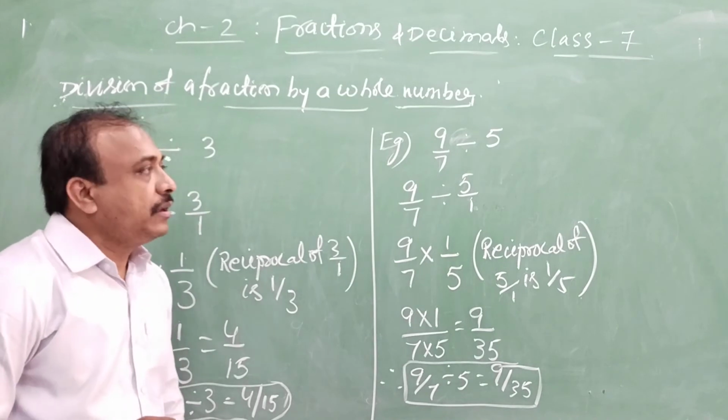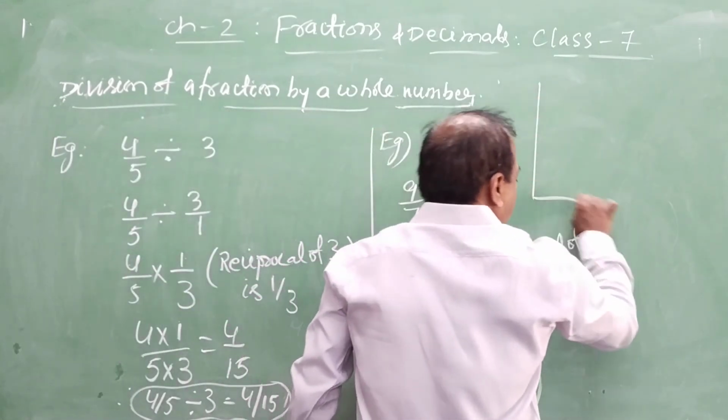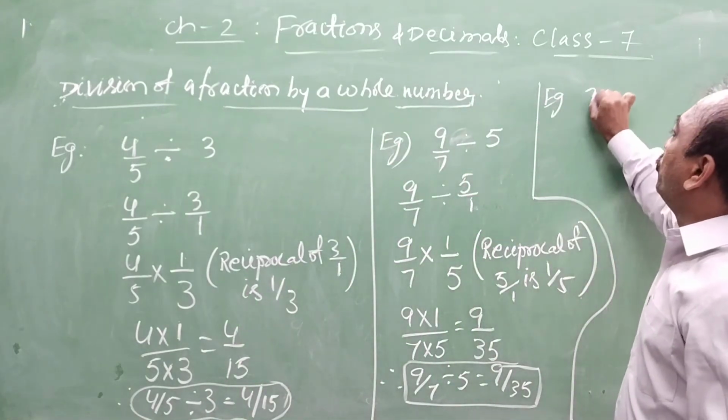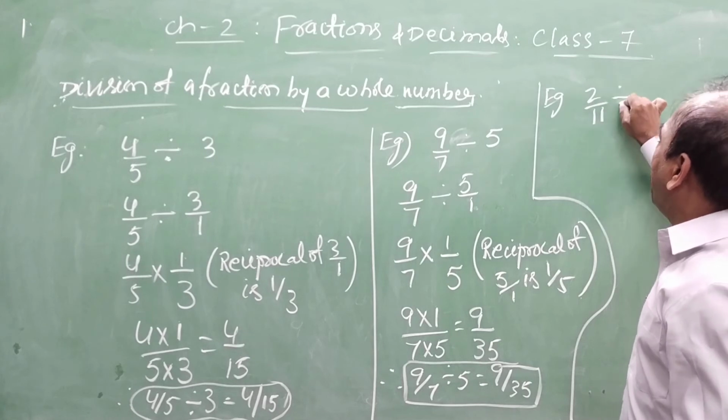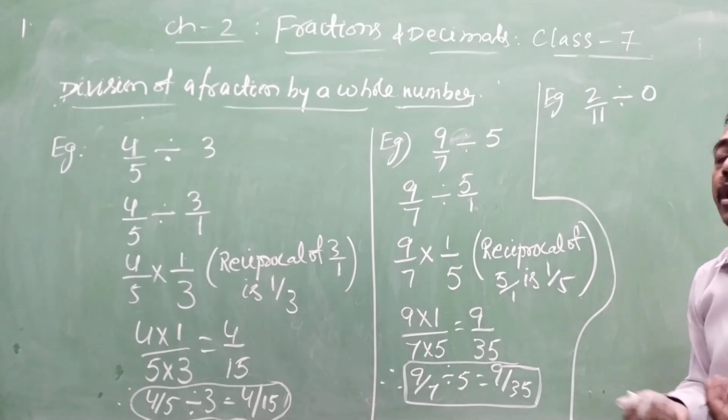Clear? Now, a whole number, I said. Suppose you have one more example: 2 by 11 divided by 0. 0 is a whole number. Is it possible?